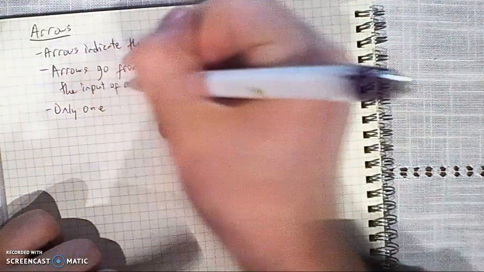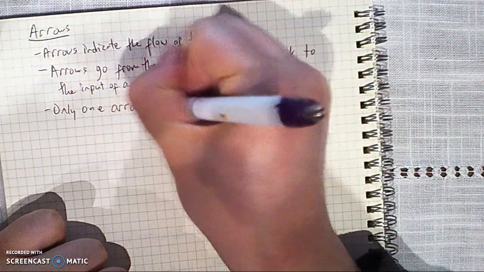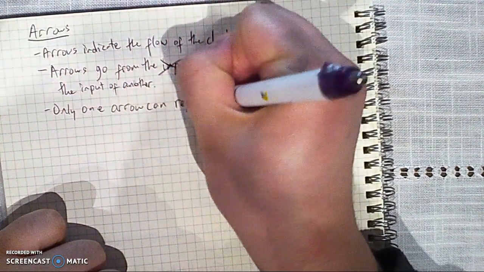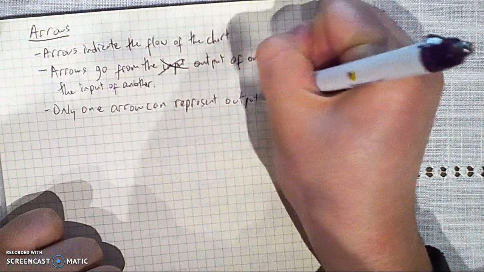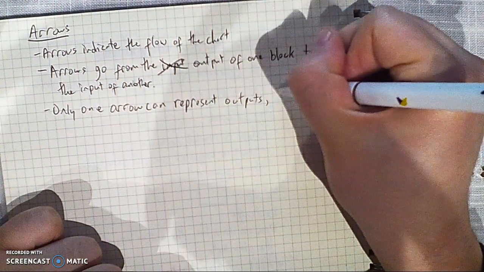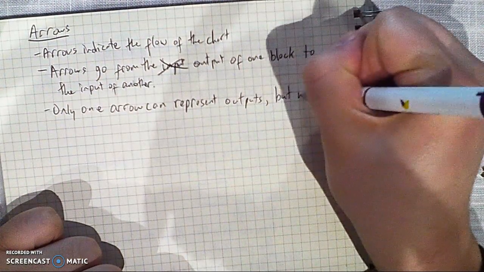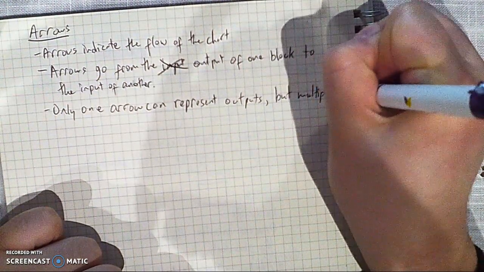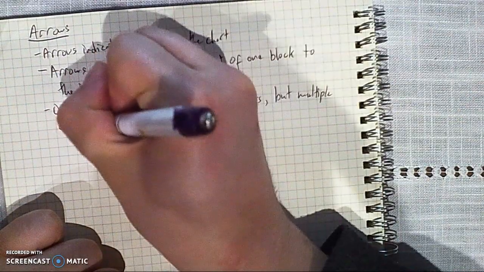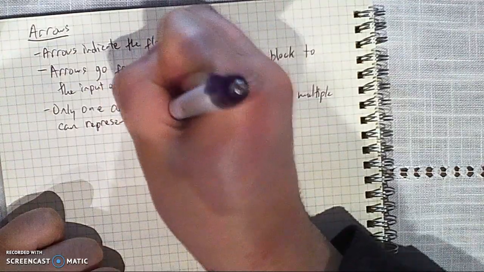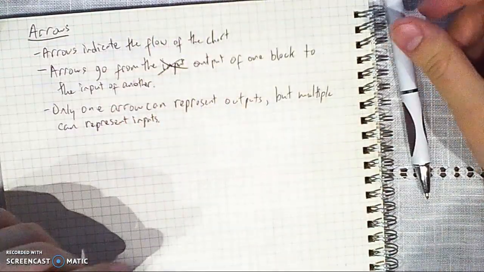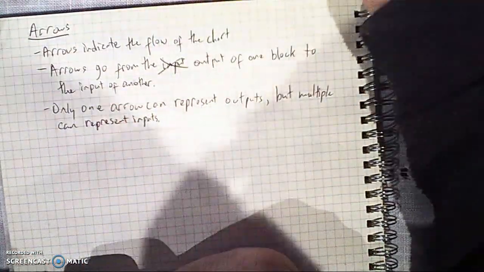This is an important note: only one arrow can represent outputs, but multiple can represent inputs. And as we do some of these, that'll start to click why that's the case.